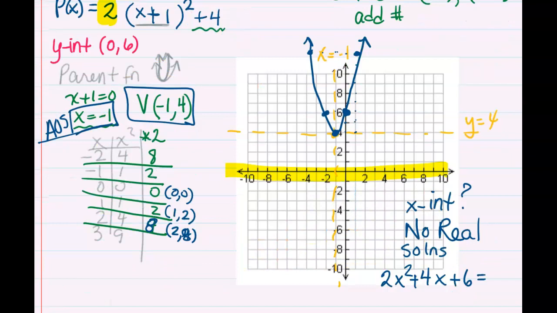So that means that there are no real solutions to this equation. In fact, we're going to get complex or imaginary solutions. I found that out just from the graph. And that concludes this video.